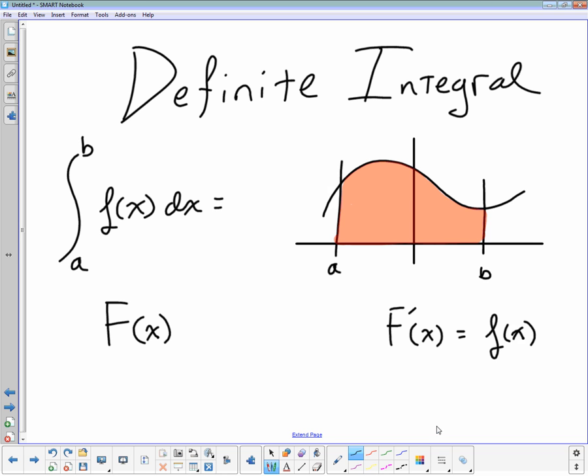This is the antiderivative of the lowercase guy.